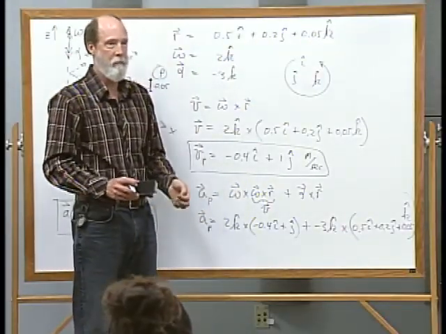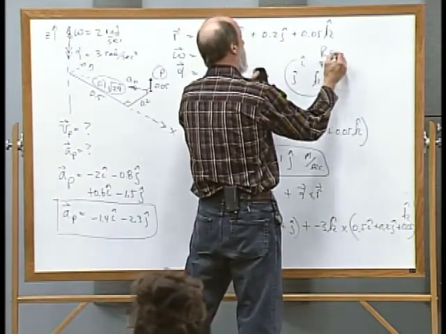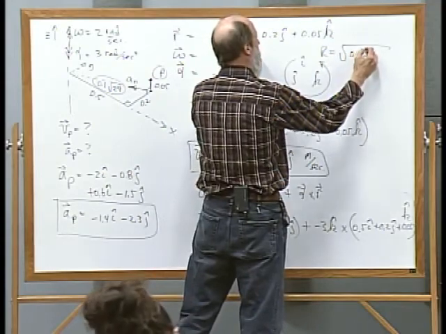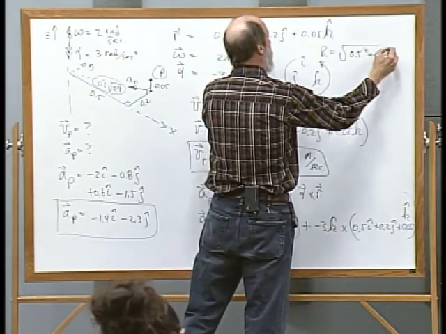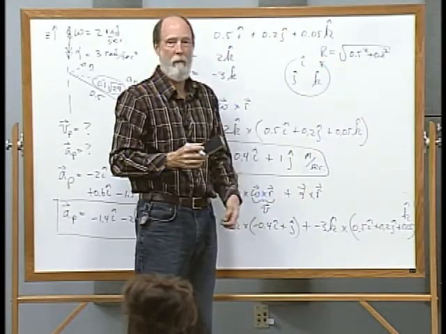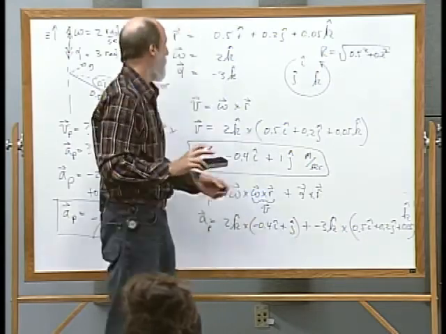So the capital R is the square root of just the 0.5 squared plus the 0.2 squared. Let's not take the time to finish that off.